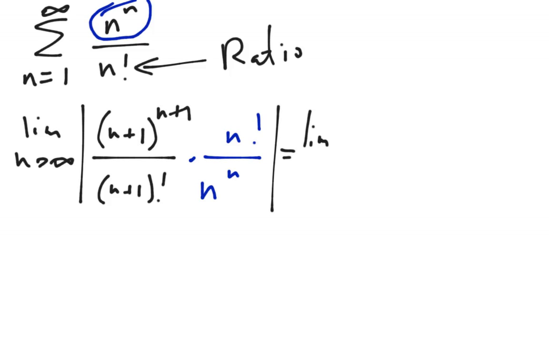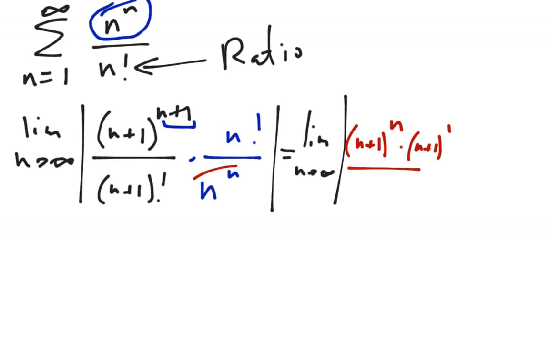This is going to give me the limit as n approaches infinity, absolute value. Now here, I'm going to use that same exponent trick to rewrite another n plus 1. I'll do it in red so it's different. I'll have (n plus 1) to the n times (n plus 1) to the first. And I'm going to group that with this n to the n because they're both sort of polynomial type functions.